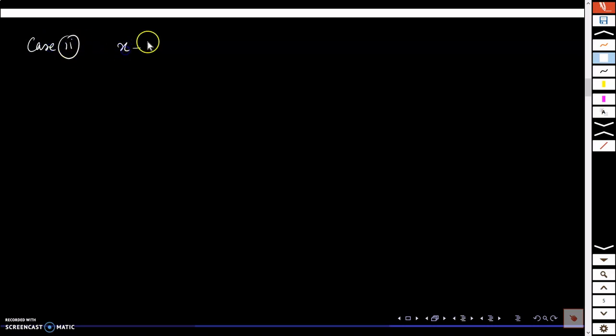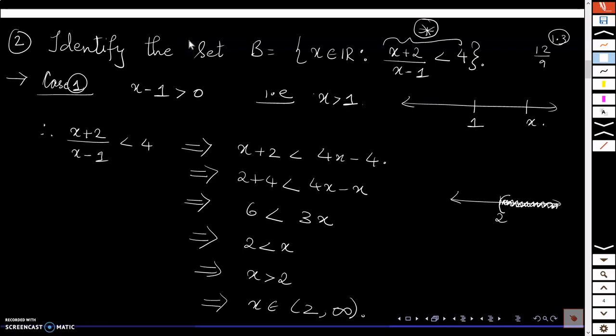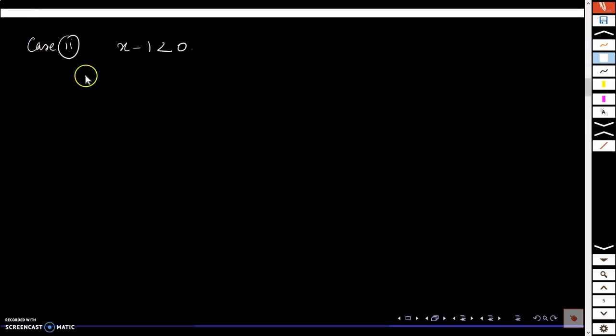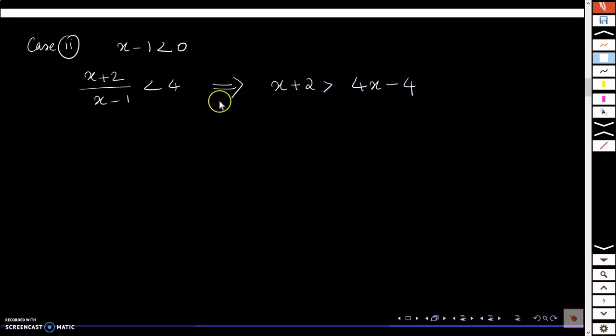when x-1 is negative, then because the denominator is negative, now what will I have? (x+2)/(x-1) is less than 4. Because it is negative and I multiply that, the inequality will be reversed. So I will have this with me. Now again, let's do the same thing and simplify this. So this will be 2+4 is bigger than 4x-x.